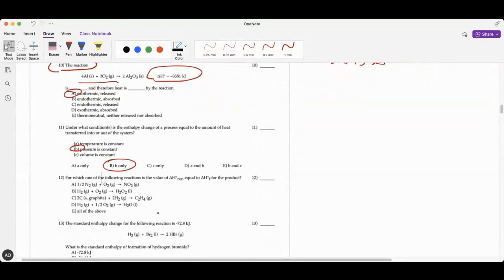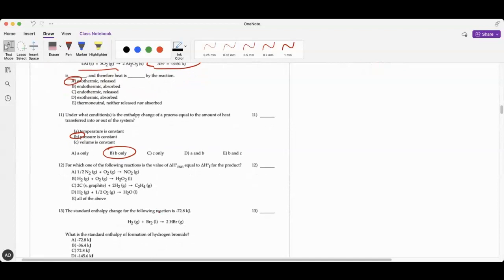Let's see. This one's good. Number 12. For which one of the following reactions is the value of the standard enthalpy of reaction equal to the standard enthalpy of formation for the product?